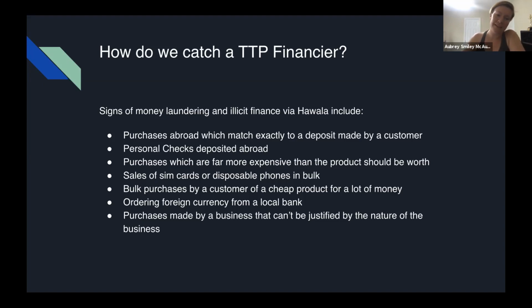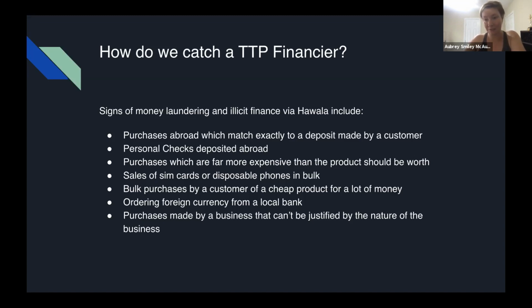So any type of personal check, like nobody in my town accepts a personal check. Why would somebody in Tashkent accept a personal check from southern Afghanistan? Why would a guy be buying laundry detergent for $300 a bottle? It's kind of suspicious. Yeah, SIM cards.